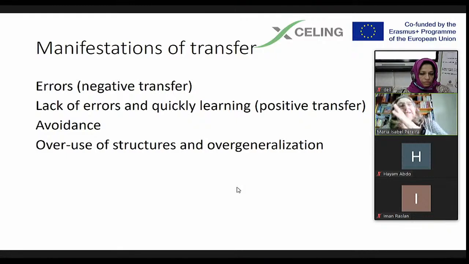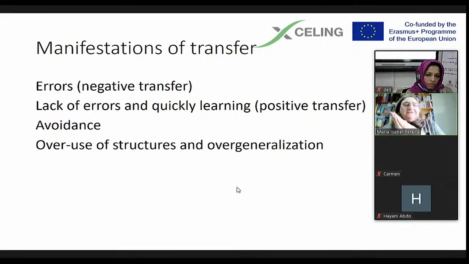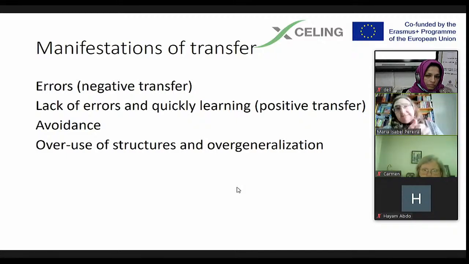Another manifestation of transfer is avoidance. Learners tend to avoid structures or items that they don't know. But it's not just structures that they don't know.